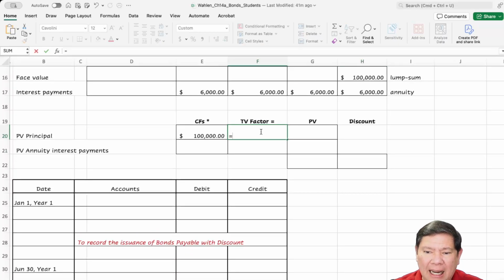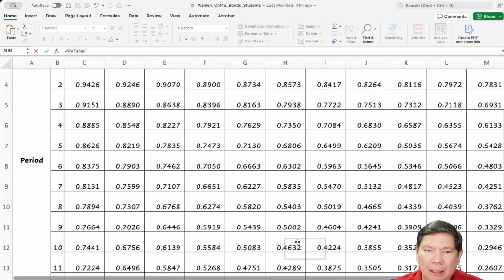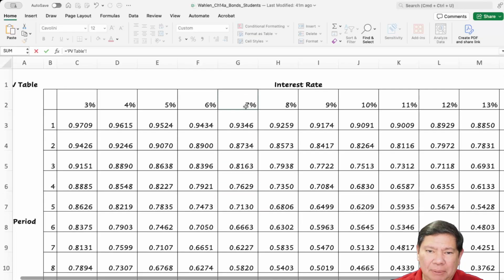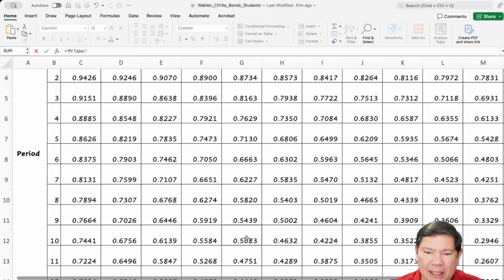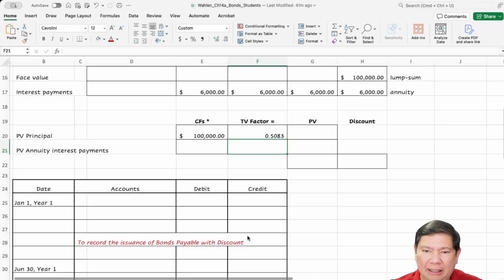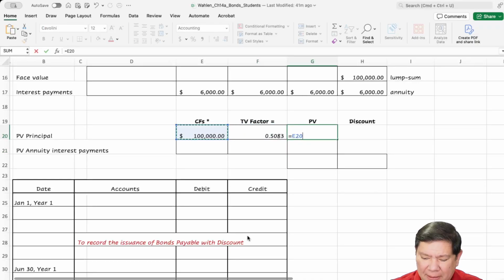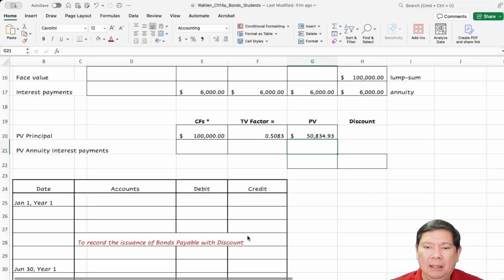Let's go find that in the present value table. 7%, 10 periods is 0.5083. So we can multiply that to get 50,834.93.